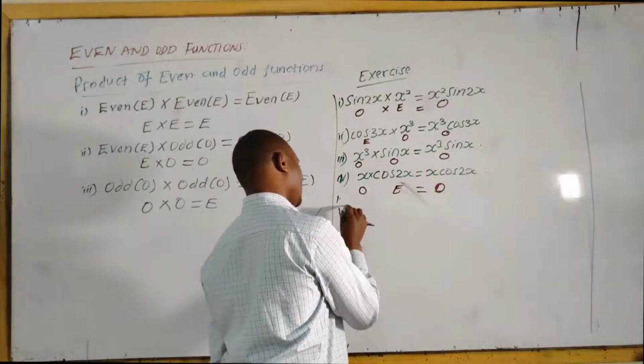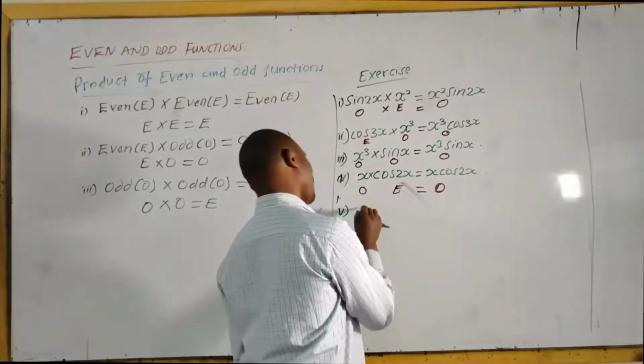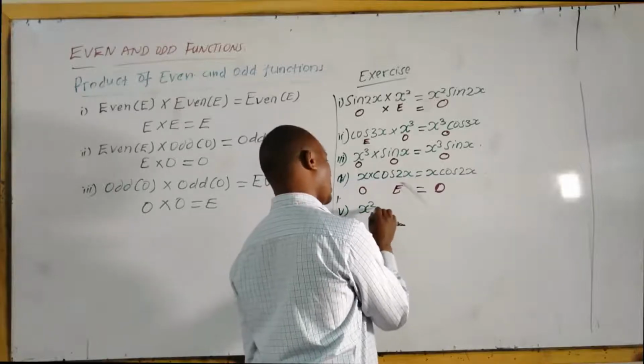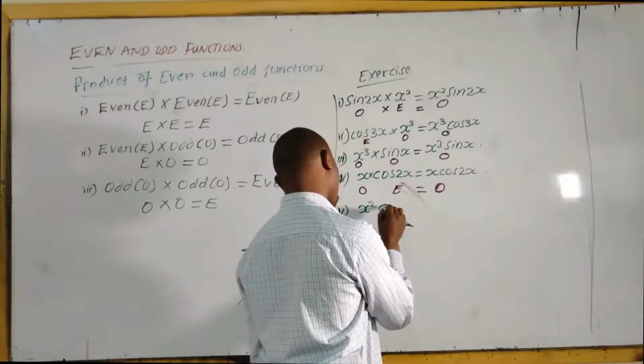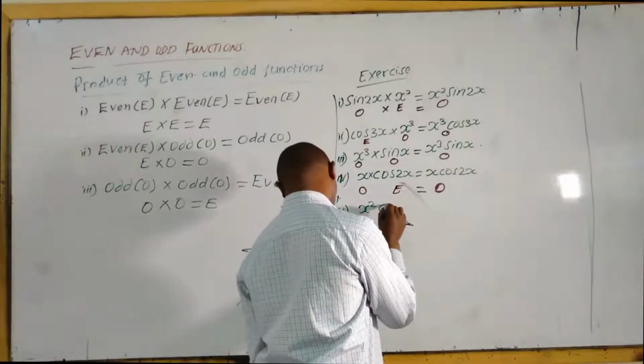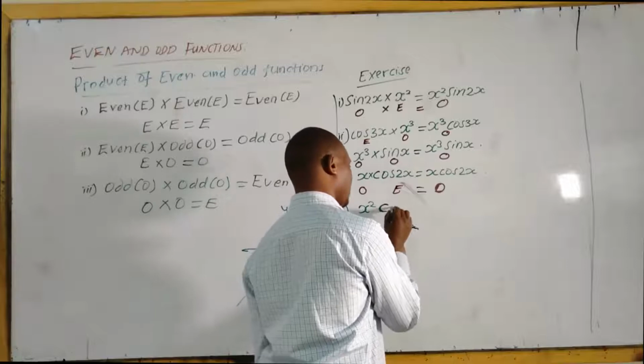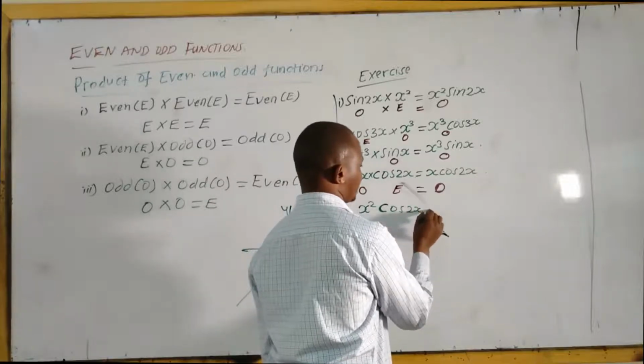I wanted us to have another one. We could use maybe x squared cosine, let us use cosine of 2x.